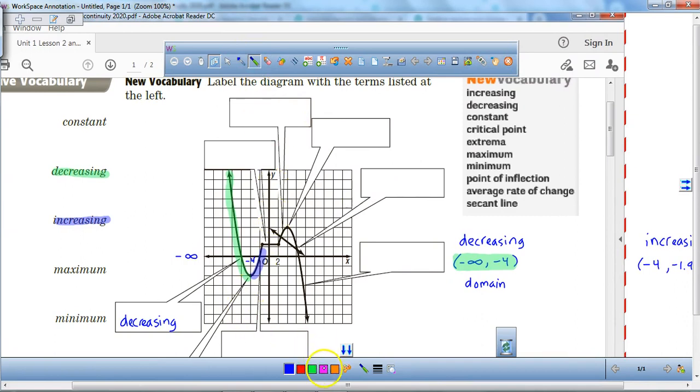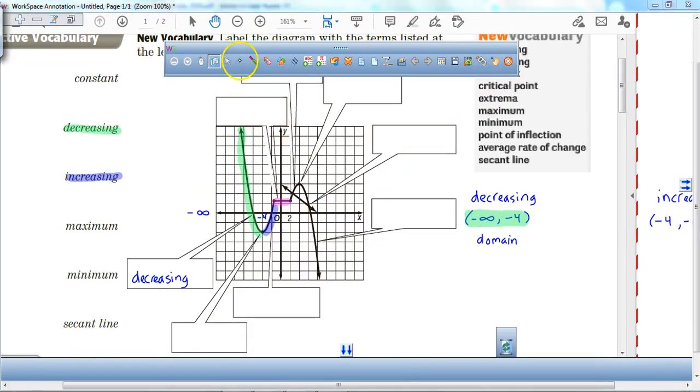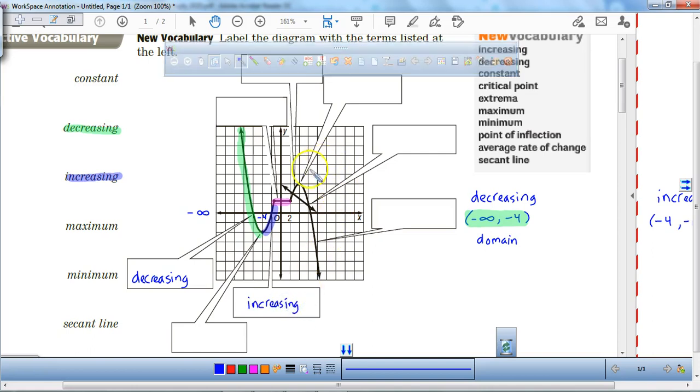Okay, then we have a section of the graph right here that's neither going up nor down. All right, so I forgot to put increasing. My bad. Here we go. I'm going to put increasing in this little slot. Then we have a section that's neither going up nor down, and that means it's constant.